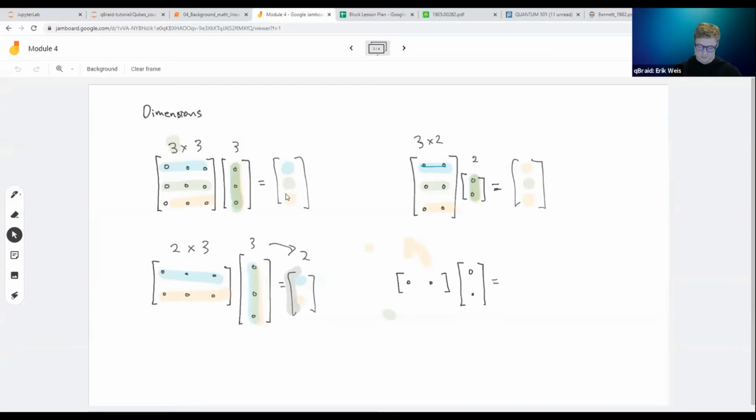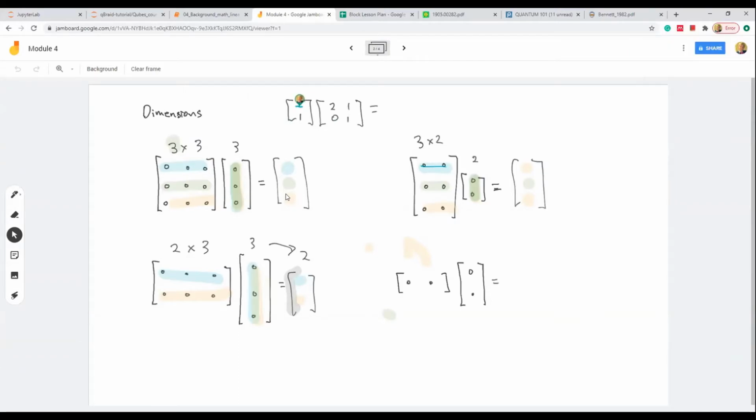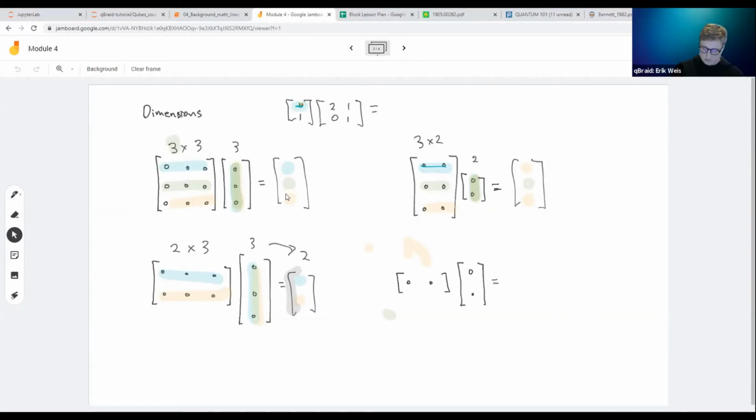And so let's return to the question of why couldn't we multiply a 1x2 matrix like this? Why would that not work? Well, if we tried to define an inner product between the rows and the columns, we couldn't, because they don't have the same number of elements.